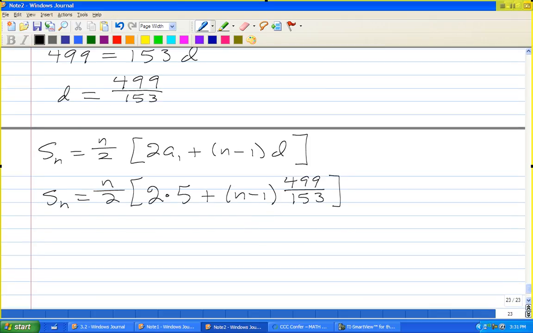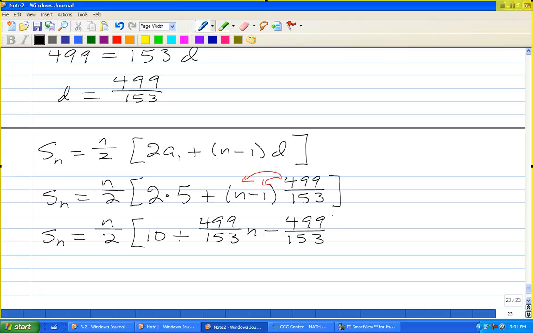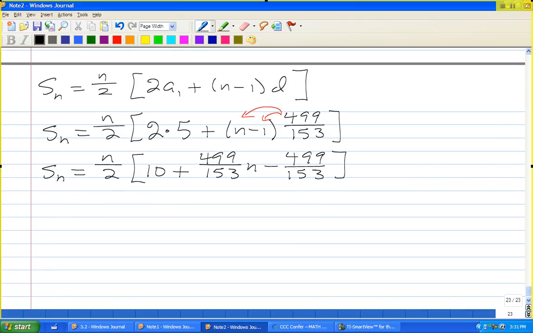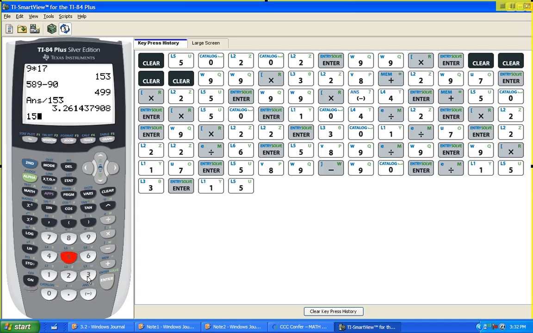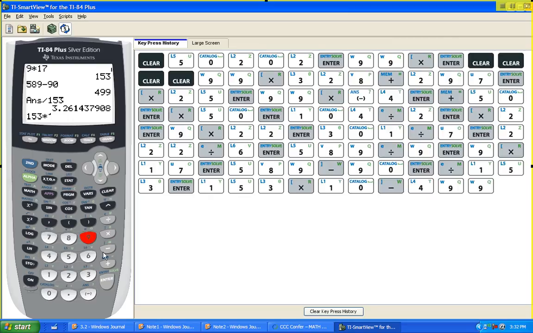I guess I'll multiply it out, so this is equal to n over 2, 10 plus... So let's get a common denominator at least.